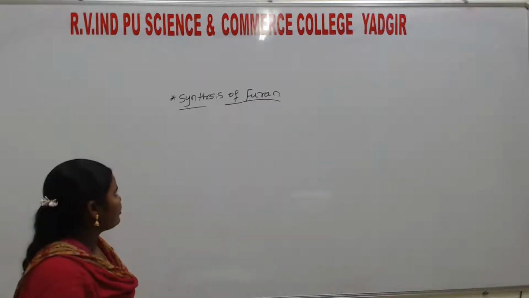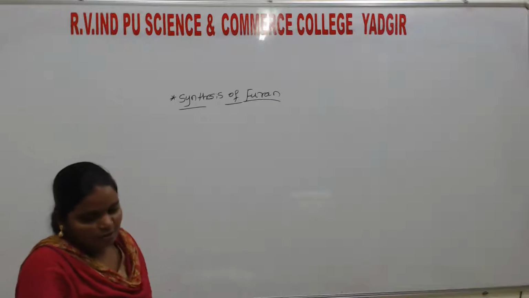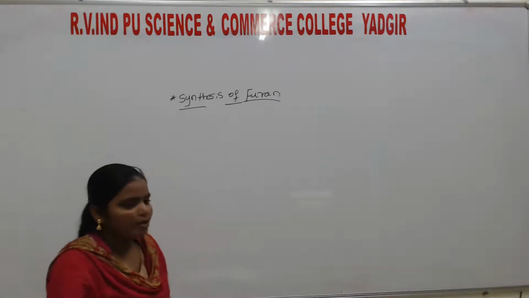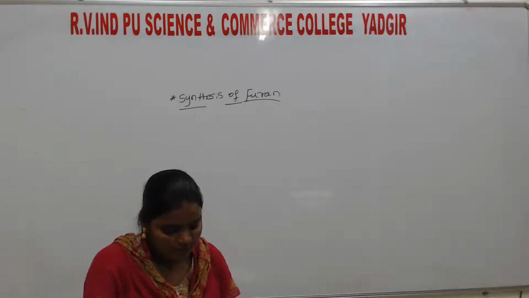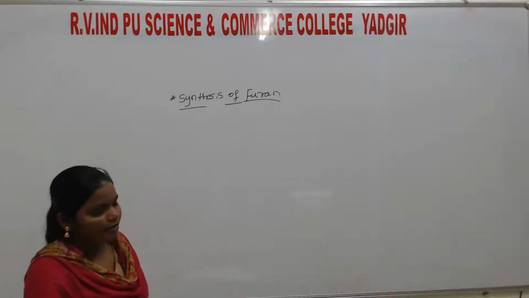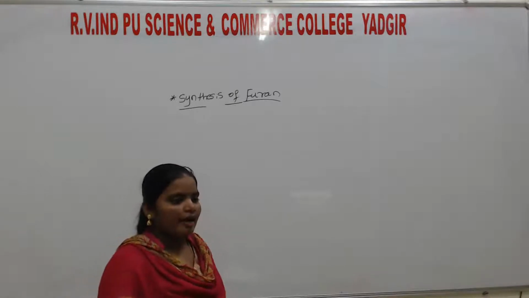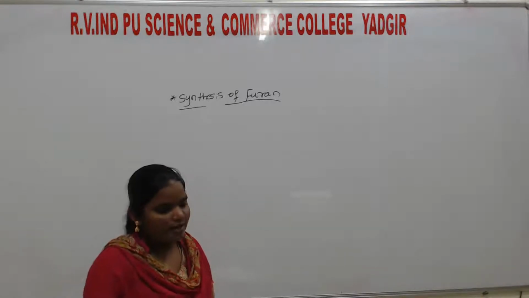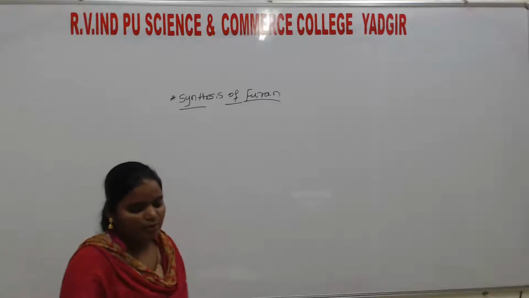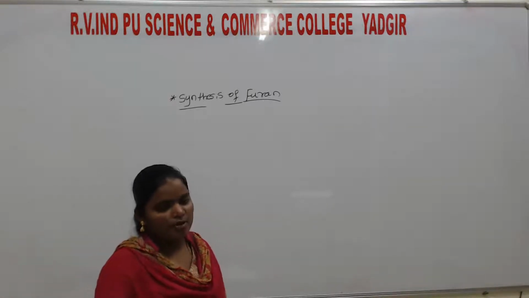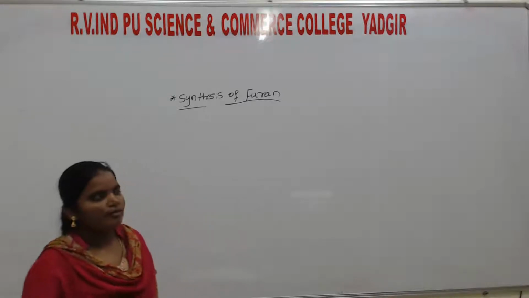In the synthesis of furan, there are two steps. In the first step, there is the acid hydrolysis of pentosan to give aldopentose. Then it is hydrated to give furfural. Then it is decarboxylated to form furan.